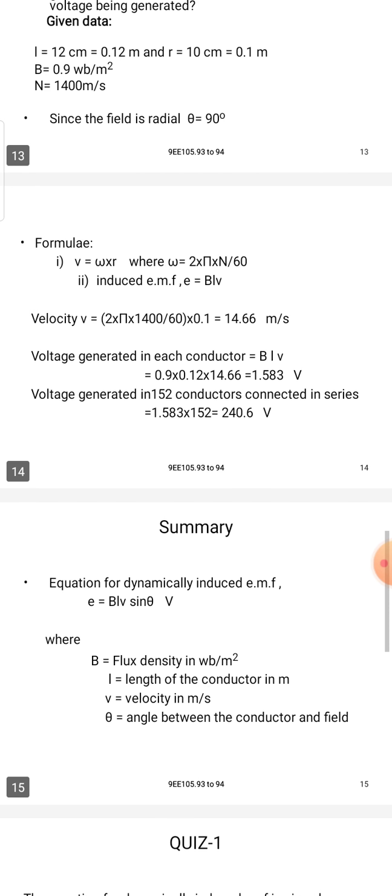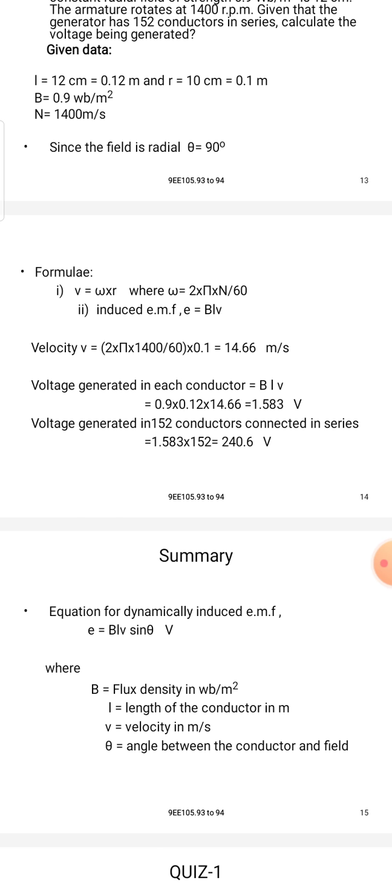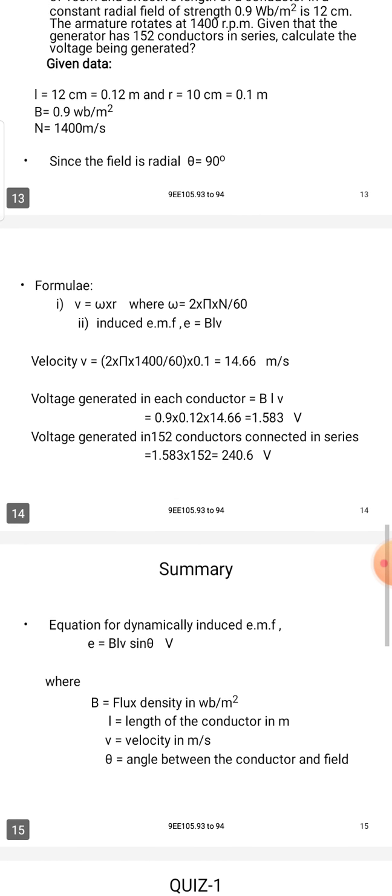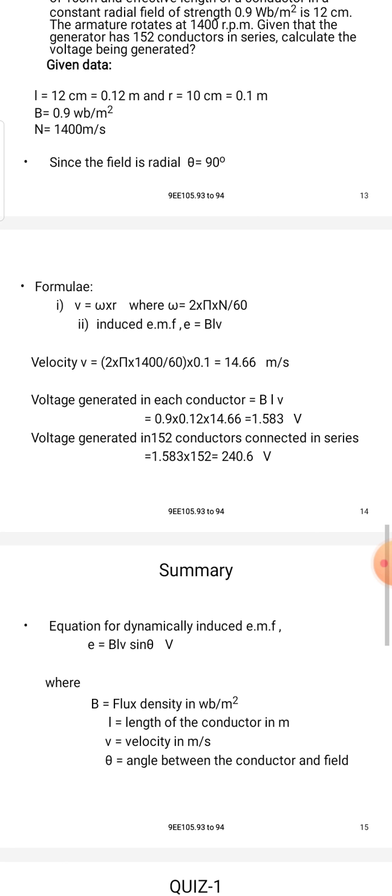The voltage generated in each conductor is BLV sin theta. Here theta is 90 degrees, so sin theta is 1.